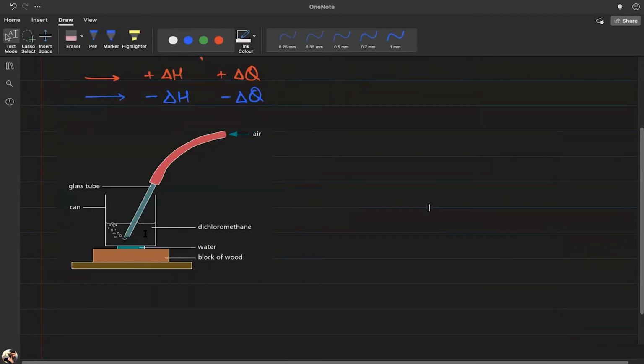We have also talked about it in the past, when we talked about why swimmers, when they come out of a pool, wrap their bodies with a foil of aluminium or something like that, just to make sure that the rate of evaporation is slowed down.